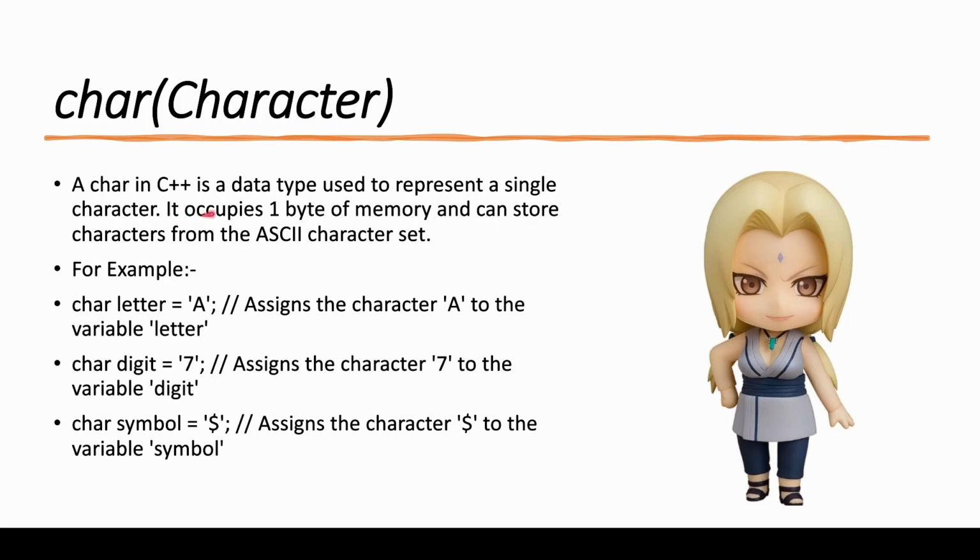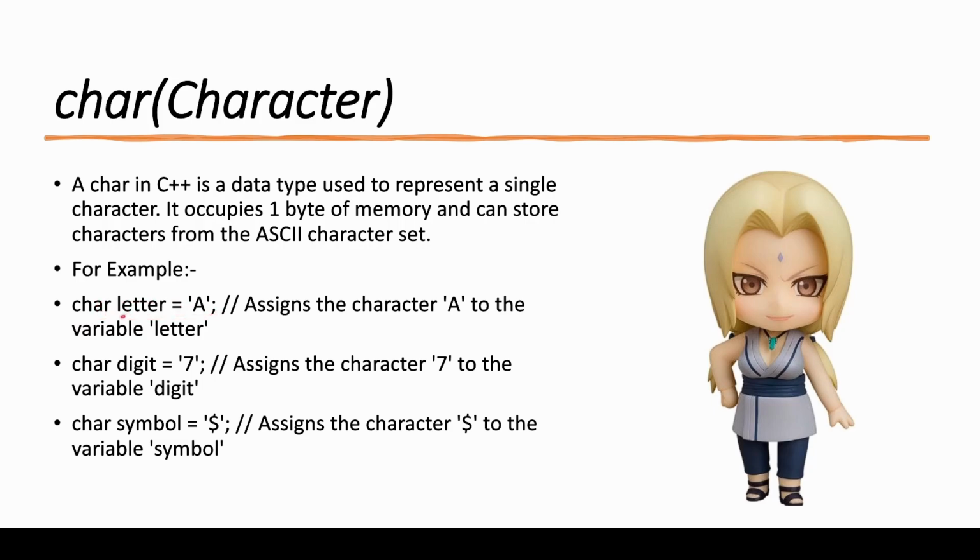A character in C++ is a data type that is used to represent a single character. It occupies 1 byte of memory and can store characters from the ASCII character set. An example of character is char letter = 'a'.